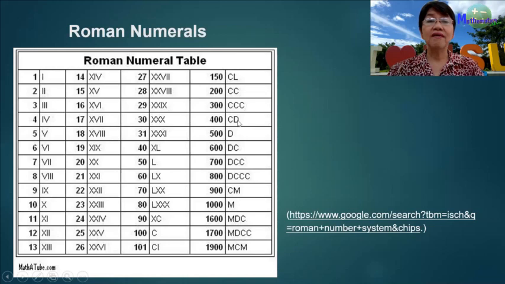So this is 500 minus 100. And for 900, you have 1000 minus 100. And for 1900, you have 1000, this is the M, and then the CM stands for the 900. So M minus 100 is 900.